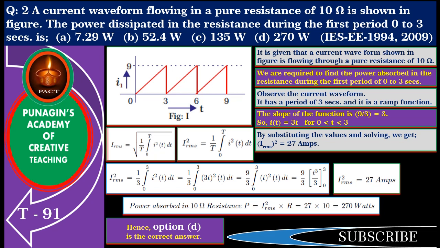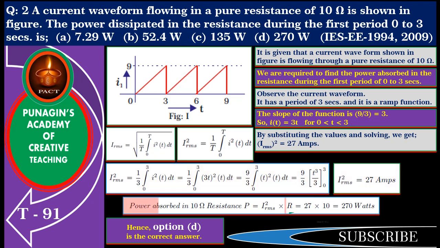We know I_RMS is equal to square root of 1 upon T into integration 0 to T of i squared t dt, and I_RMS squared is equal to 1 upon T into integration 0 to T of i squared t dt. By substituting the values and solving, we get I_RMS squared is equal to 27 amperes squared.